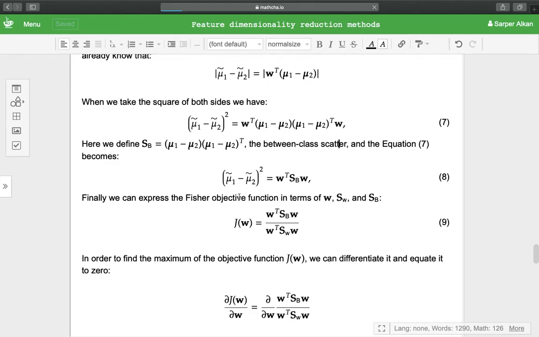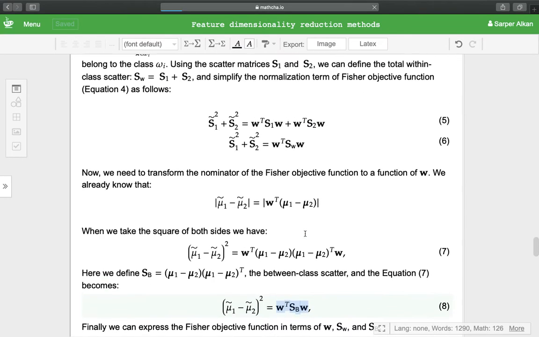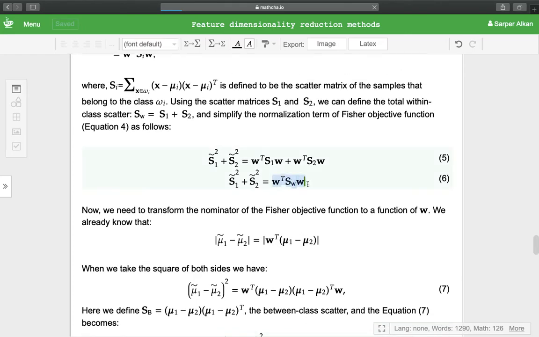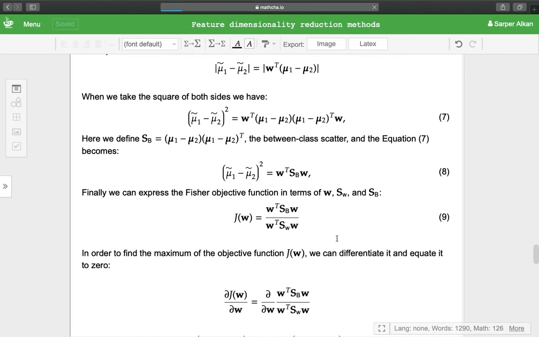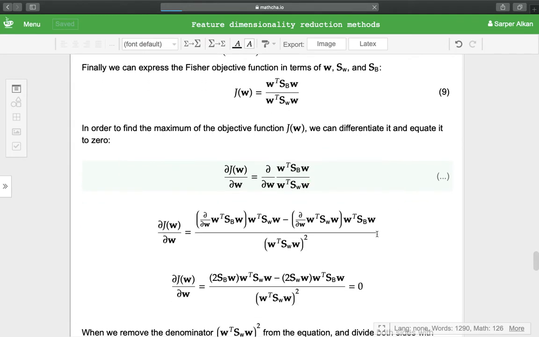Finally, we can express the Fisher objective function in terms of W, SW, and SP. So the upper part of the equation becomes this, and the lower part of the equation becomes this. And in order to find the maximum of the objective function J(W), we can differentiate it and equate it to 0.